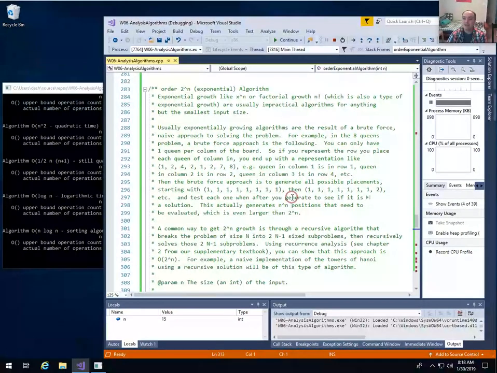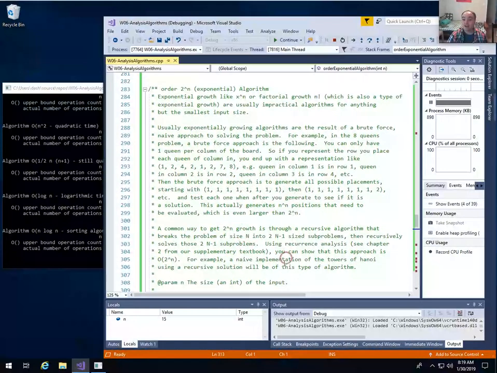A naive way to implement the 8 queens problem, if you're familiar with this, try to put 8 queens on a board so that none of them are attacking each other, is to use this data structure here, and to realize that every column has to have only one queen on it, okay? So then you represent this as the row that you put the queen in each column in. So this represents that the queen in column 1 was in row 1, the queen in column 2 was in row 2, the queen in column 3 was placed on row 4, and so on, okay?